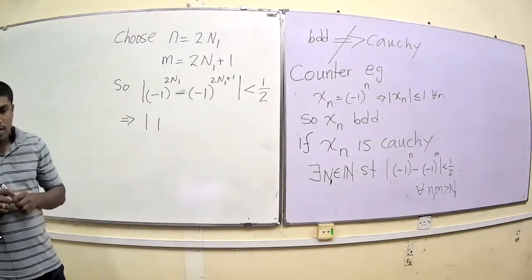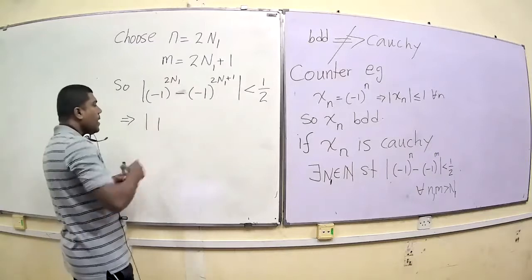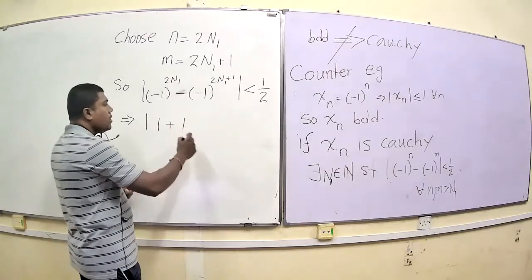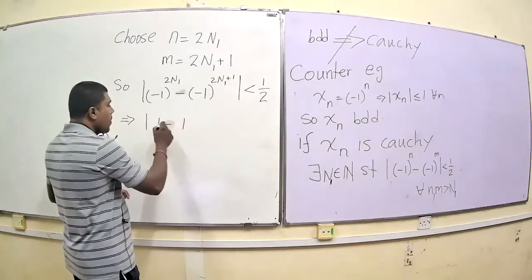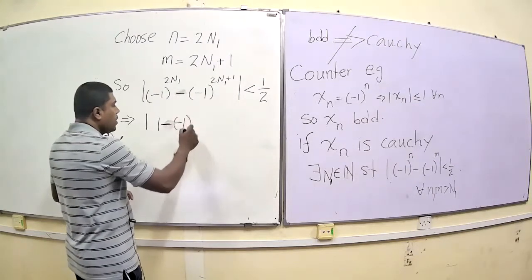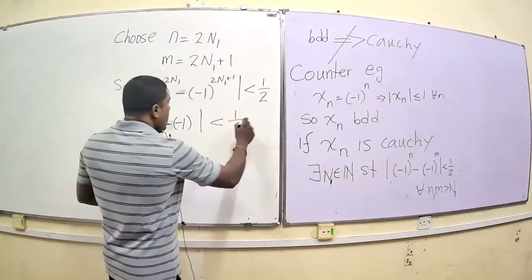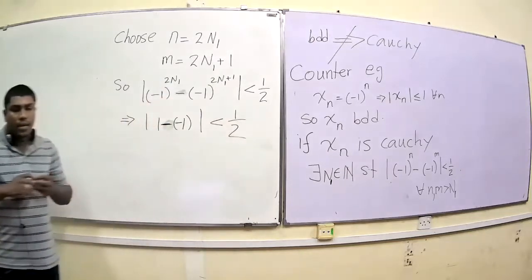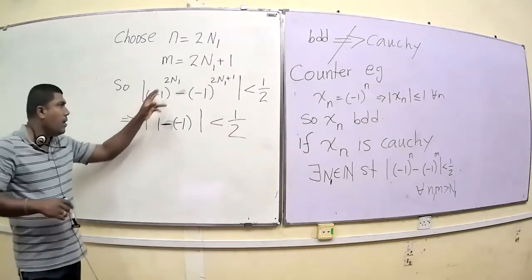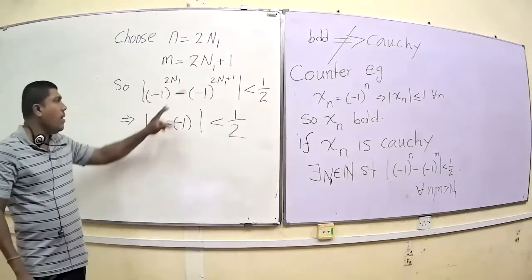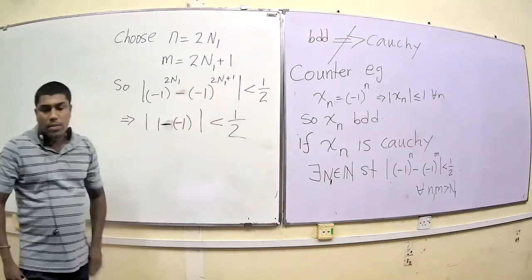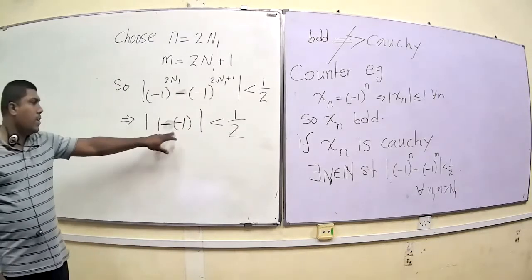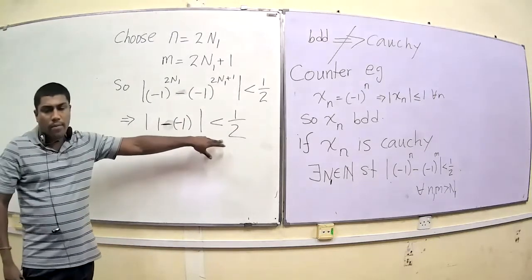So that is minus 1, right? And then there is a minus here, so you get plus 1. So (-1)^(2n₁) is plus 1, and then (-1)^(2n₁+1) is minus 1, and it's less than half.